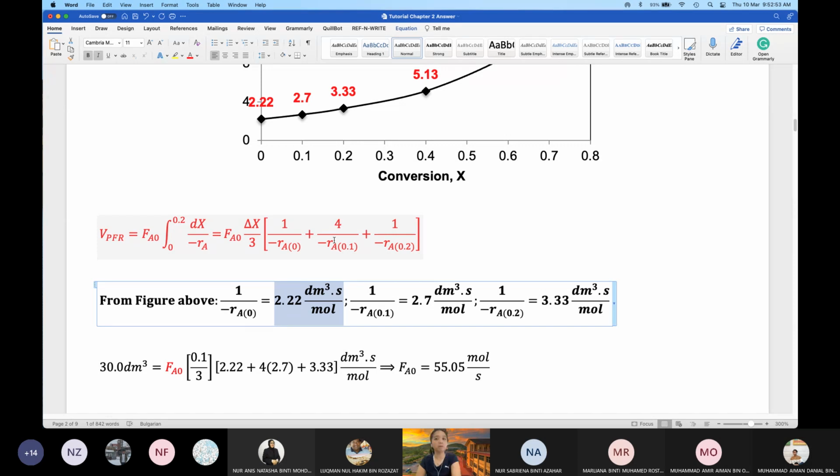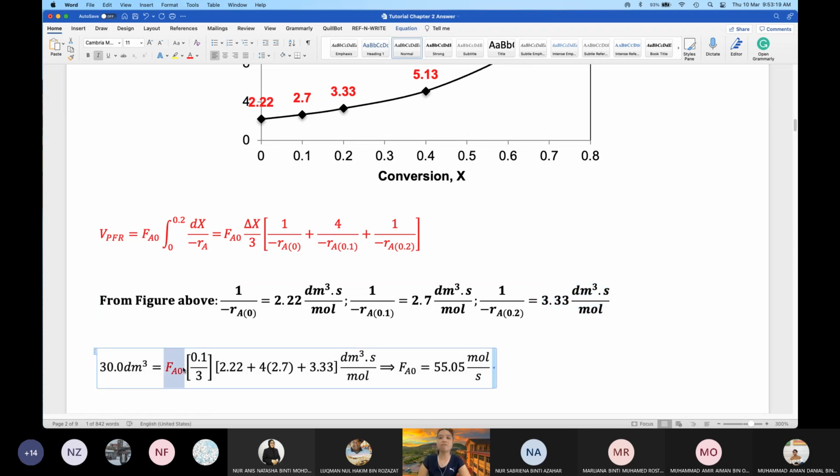From the plot, when my X is 0.1, 1 per minus RA saya adalah 2.7. So 4 multiply with 2.7 plus 1 per minus RA when my X is 0.2. So when my X is 0.2, 1 per minus RA dia adalah 3.33. So you replace into the equation, alright? You solve it because now you are left with only FA0.